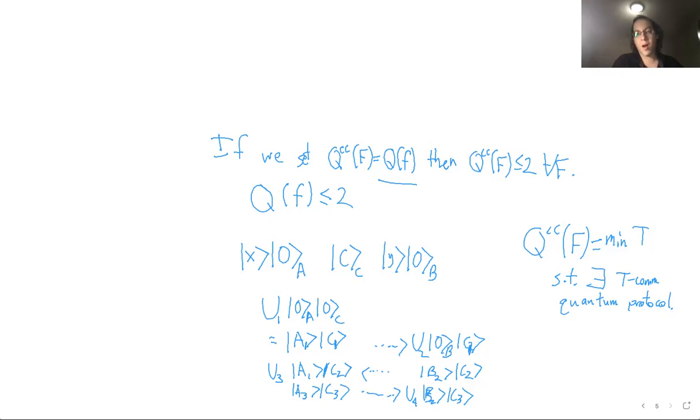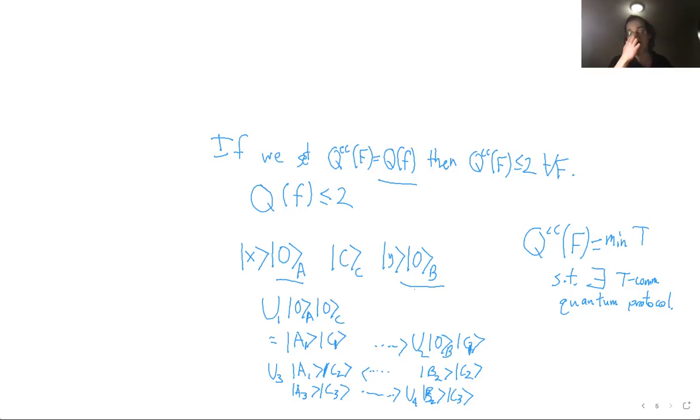But what if we allow the initial state of Alice and Bob, this A0, B0, I suppose, to be entangled? So it's not a pure state that looks like a separable 0, 0 kind of thing, but it's entangled.